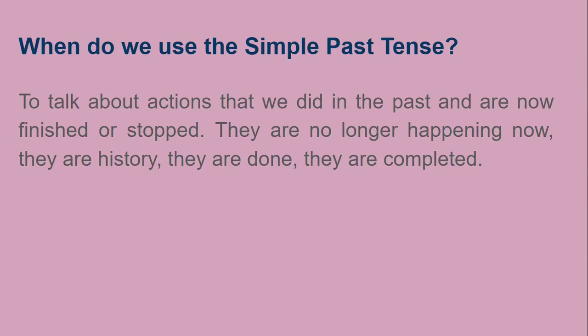Firstly, we will look at the simple past tense positive verb sentences, negative verb sentences, yes, no verb sentences, WH verb sentences, positive verb to be sentences, negative verb to be sentences, yes, no verb to be sentences, and last but not least, the WH question verb to be sentence.